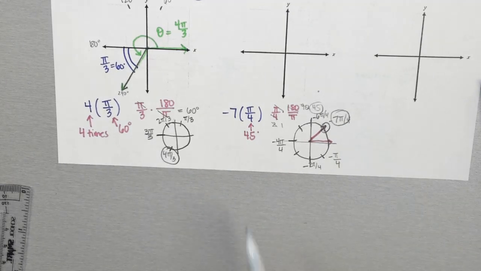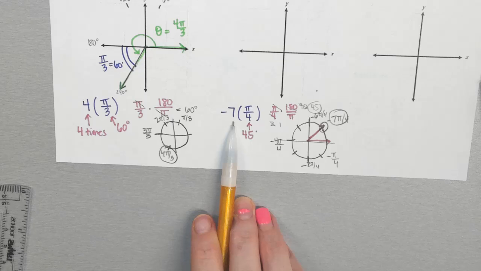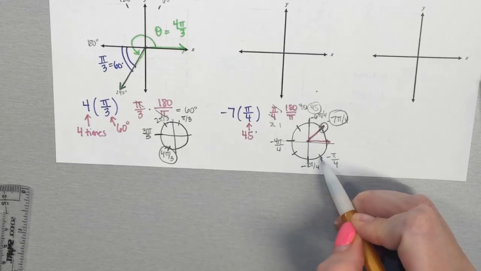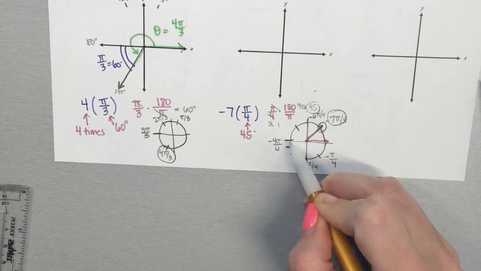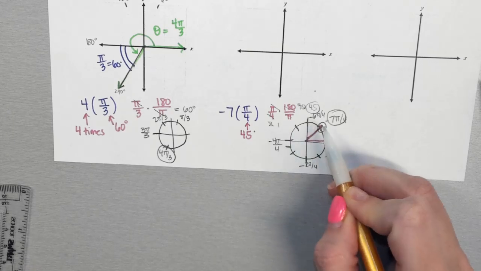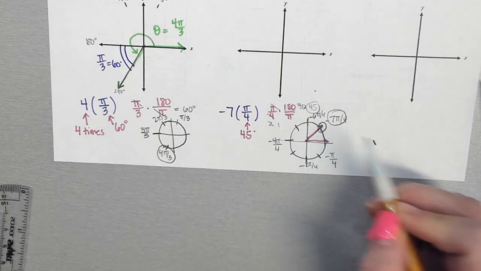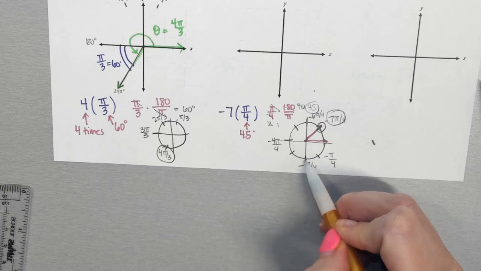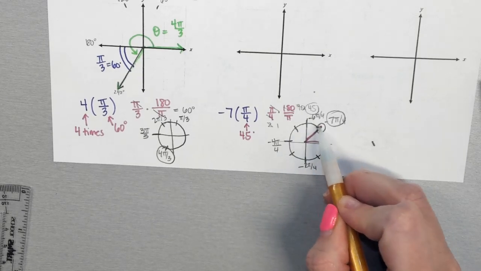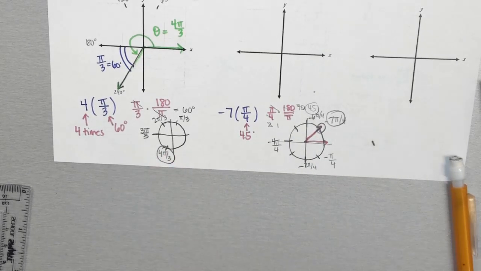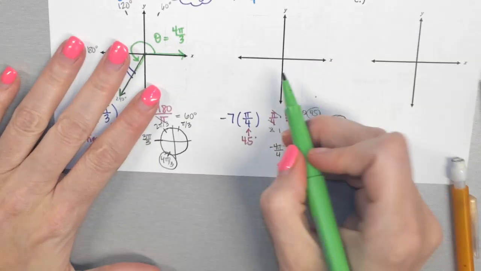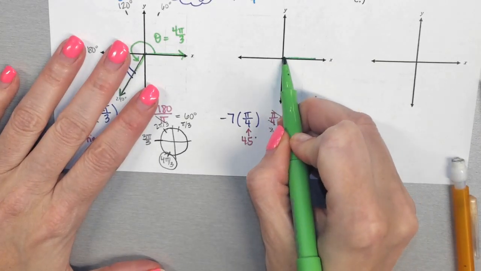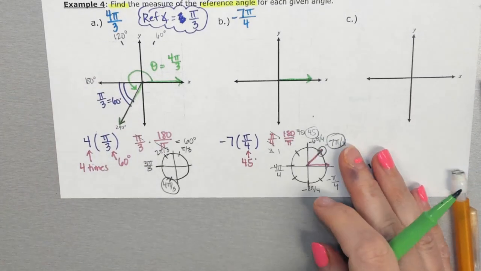Okay, so I went 45 degrees 7 times in the negative direction. 1, 2, 3, 4, 5, 6, 7. So we're going to draw that angle on our grid.